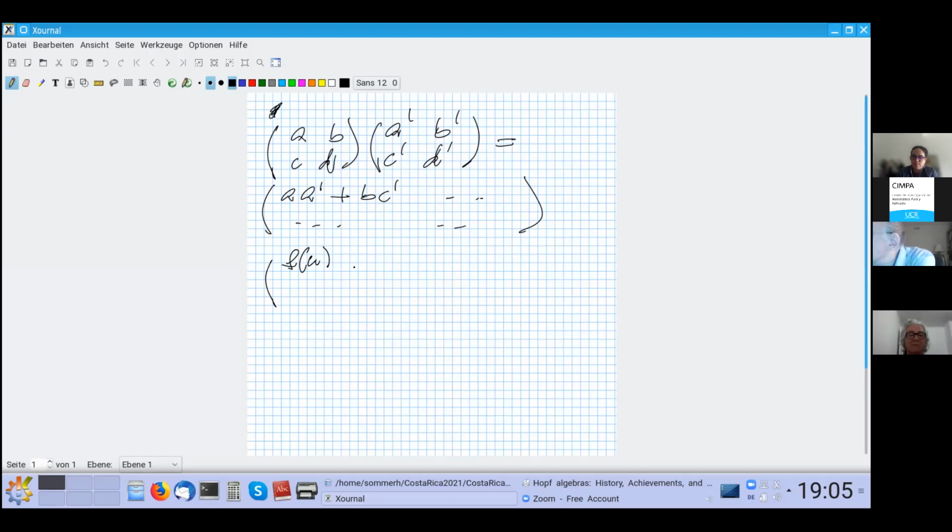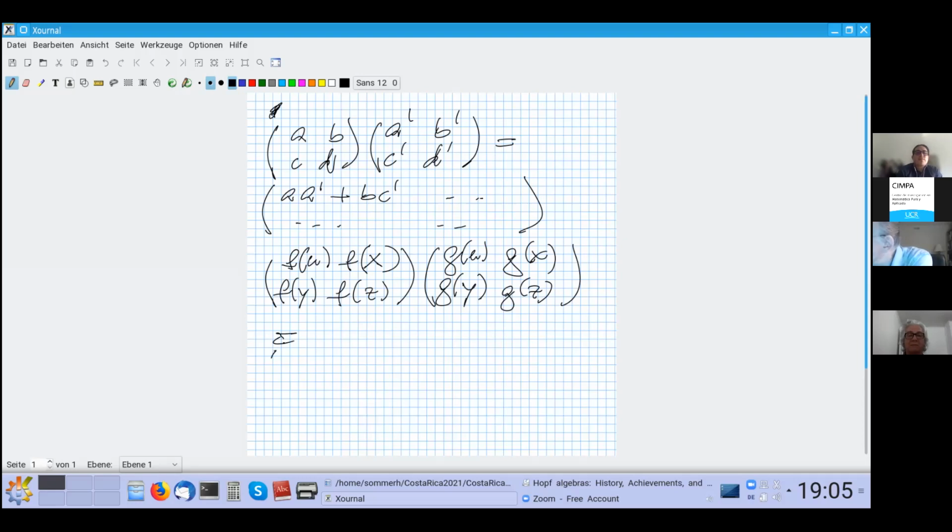This would be F of U, F of X, F of Y, and F of Z. And this here would correspond to G: G of U, G of X, G of Y, and G of Z. Then the corresponding formula here would be F of U, G of U, plus, this is this entry here, F of X, G of Y, right?